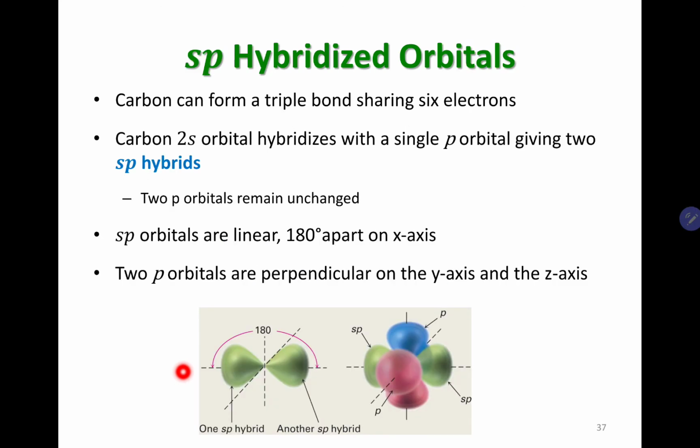All right, so next up we are going to talk about sp hybridized orbitals. By now you should be able to figure this one out by yourself. As the name implies, for these hybridized orbitals you are going to use one s orbital and one p orbital, and you get a total of two sp hybridized orbitals.